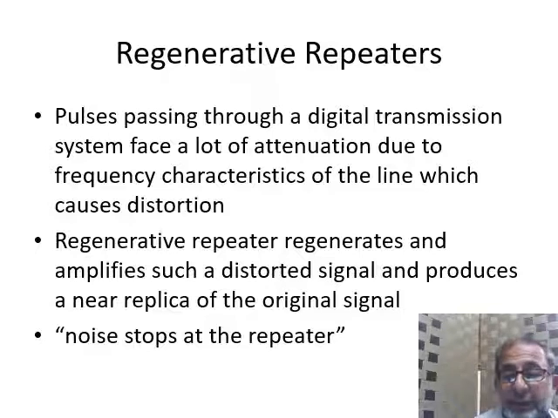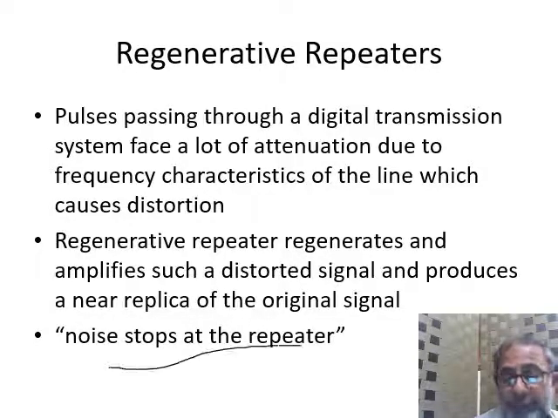Pulses passing through a digital transmission system face a lot of attenuation due to frequency characteristics of the line, which cause distortion. Regenerative repeaters regenerate and amplify such a distorted signal and produce a new replica of the original signal.